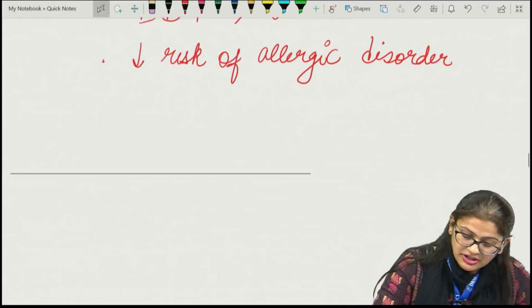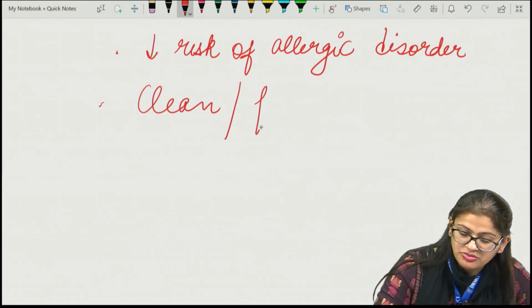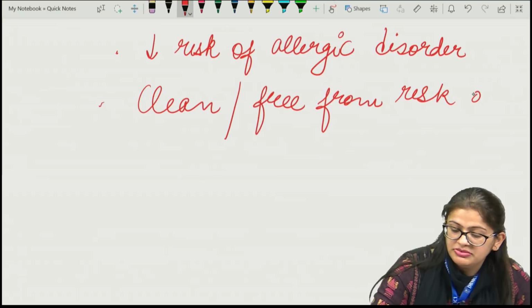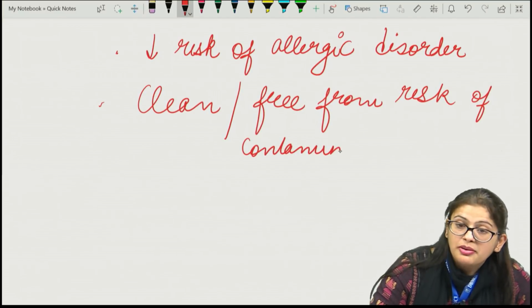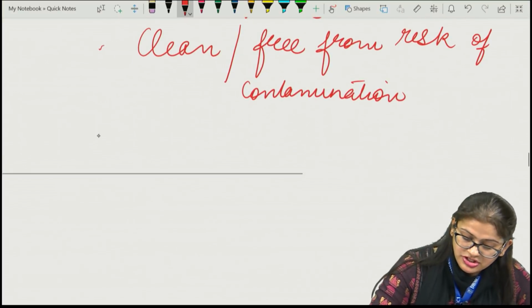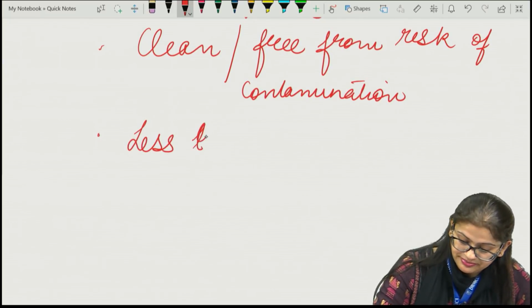Apart from that, we know that it is clean and free from the risk of contamination. Babies who are breastfed will also have less risk of developing necrotizing enterocolitis.